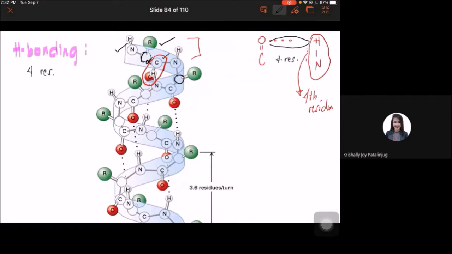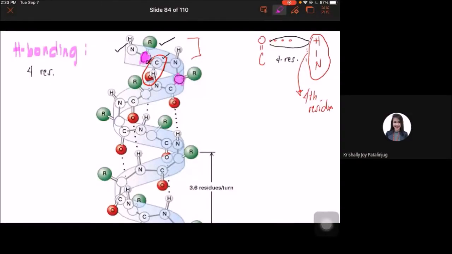Okay? 4 residues away. So, let's verify now if 4 residues apart yung formation ng hydrogen bond. So, let us count. Mula sa, of course, this is the starting point. Hanapin natin yung central carbon, the alpha carbon of each amino acid residue. So, ito yung dulo. Start counting.